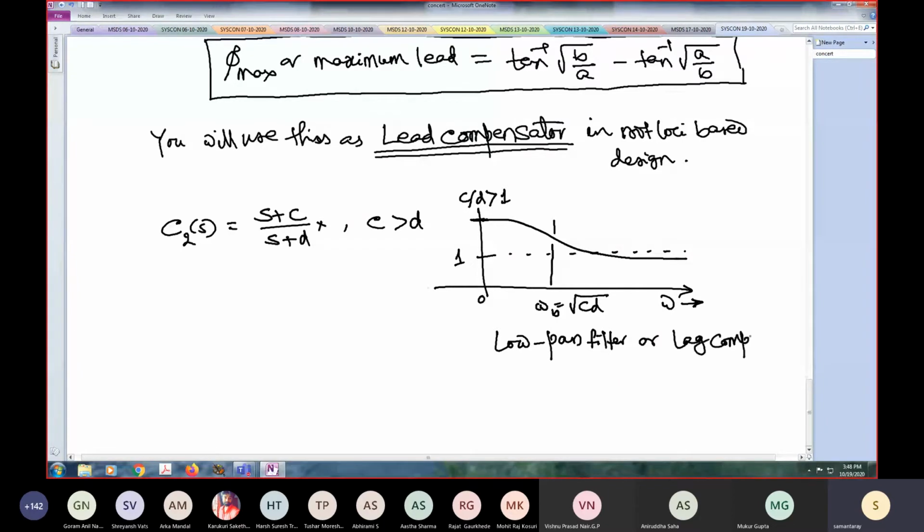I am not deriving it because it's identical. This is magnitude. And if you draw the phase of H(j omega), you will find, let's say, this is 0. Obviously the phase at omega 0 is 0, and the phase at infinity is 0.